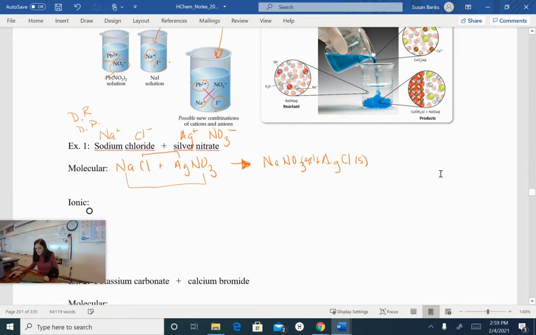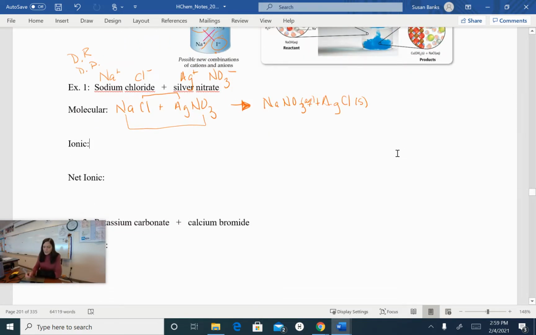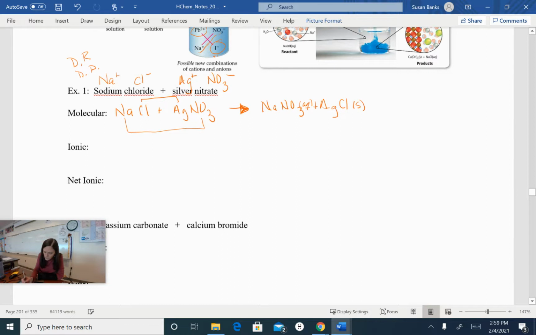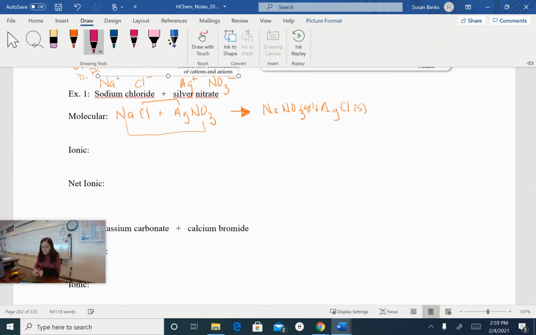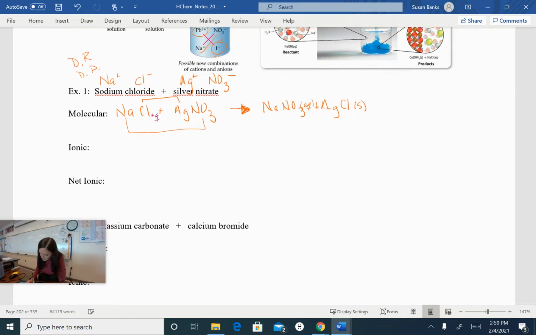Okay? So my ionic reaction, remember everything that is soluble is going to break apart into its individual ions in water. So this sodium chloride is definitely soluble, and this is soluble. I should have put those in, right?